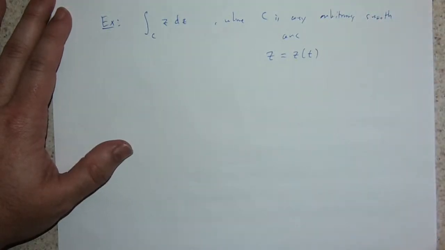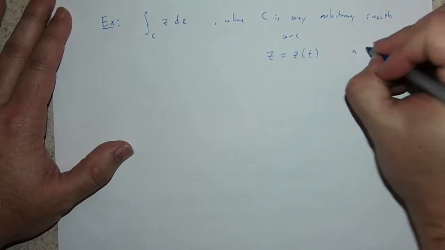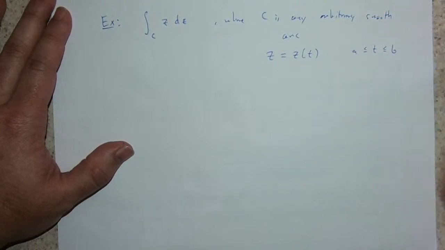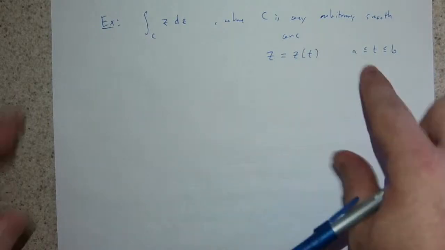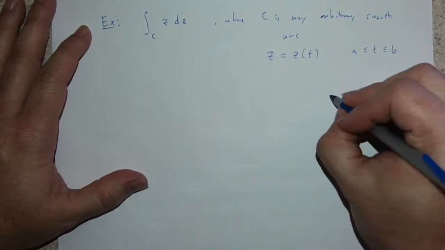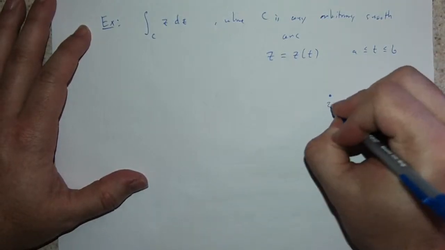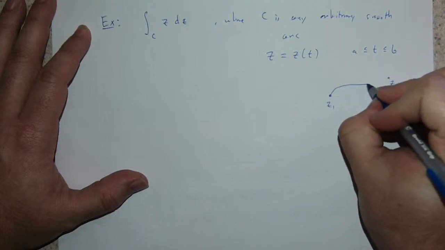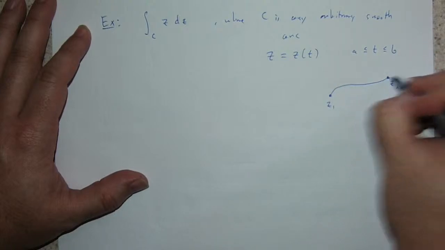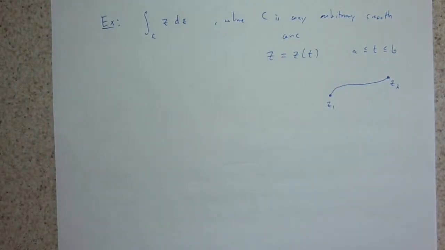So z of t is my parametrization, and t lives between real values a and b. And this C is some arbitrary smooth arc that we'll say goes from some point z sub 1 to some point z sub 2. Maybe it does something like that.